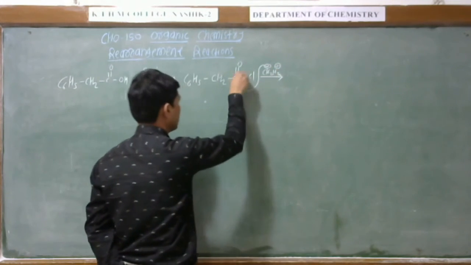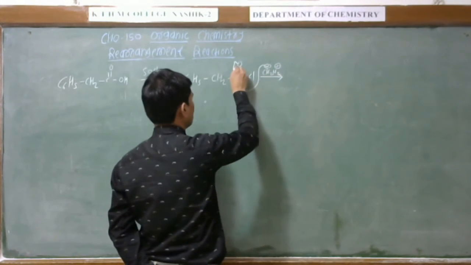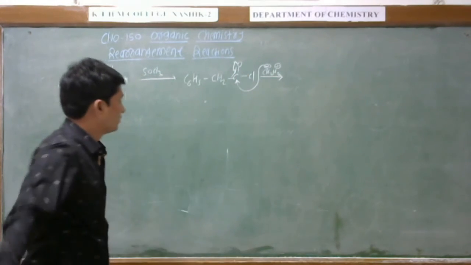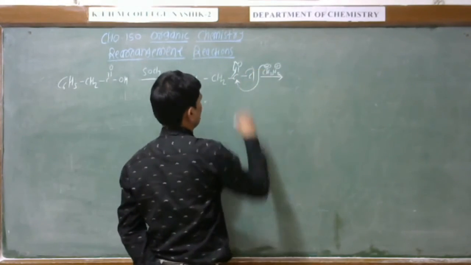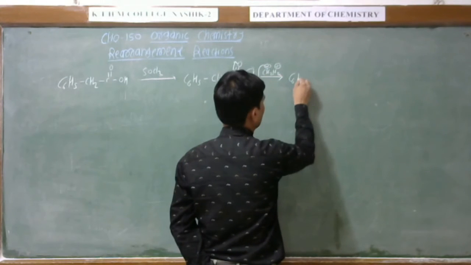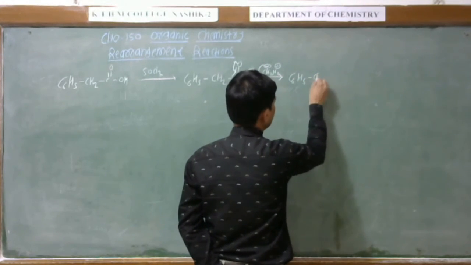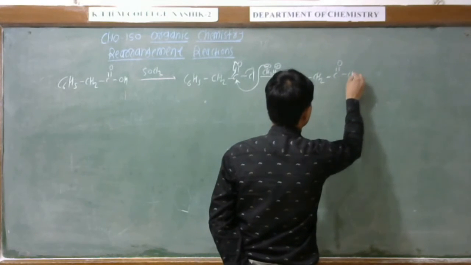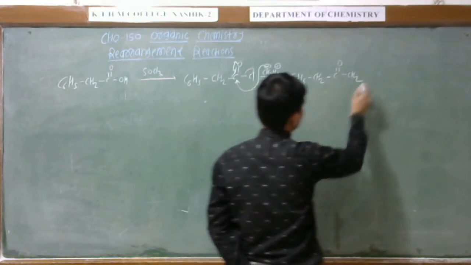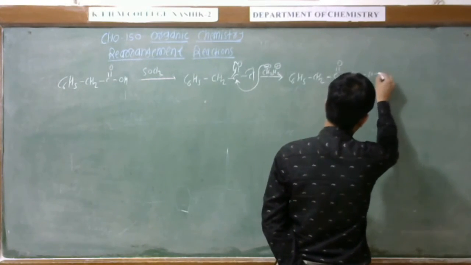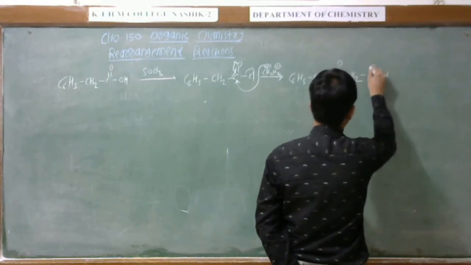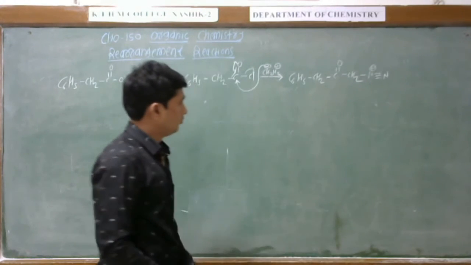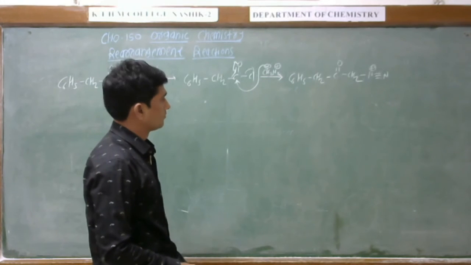This negative charge will attack here, this bond will open, again this bond will be reformed, and the Cl will be removed, and we get the compound C6H5CH2 C double bond O CH N2 plus, with triple bond nitrogen. Now this nitrogen has the positive charge.